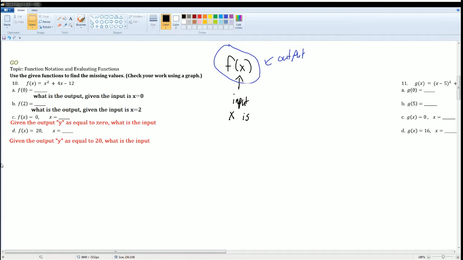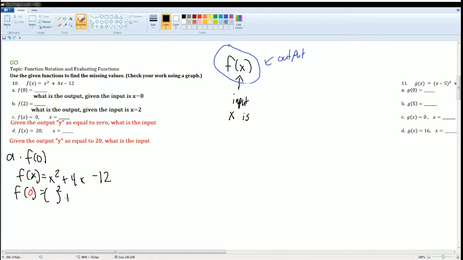Okay, A, right here. A, f of 0. All right, so f of x is that equation, x squared plus 4x minus 12. Here they say now x is going to be replaced by 0. So wherever you see x, you're going to put in a 0.